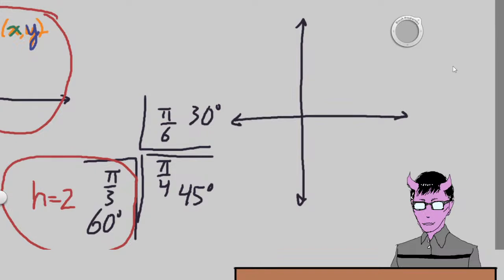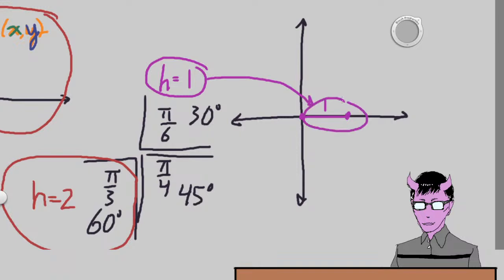Let us specify a hypotenuse of 1. So what that means is we're starting from the origin. We're going to grow in the positive 1 direction on the x-axis, right there. That's 1. So from this instruction, we get this thing right here.